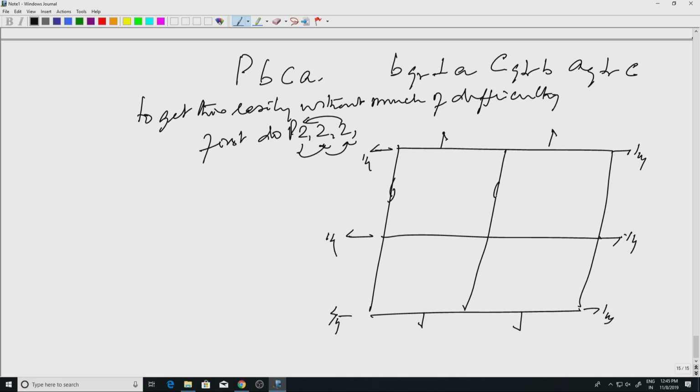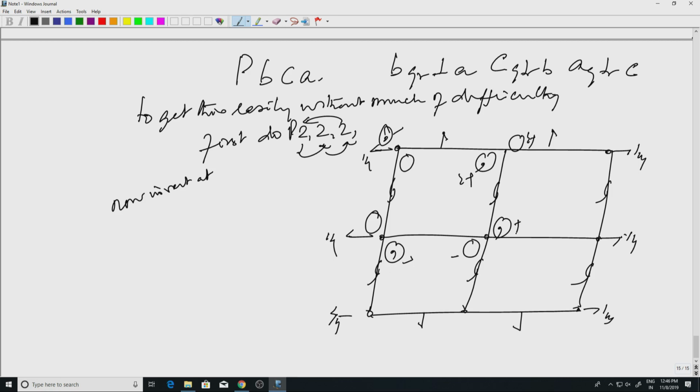This comes here. So this comes here, this comes here, this comes here. Now invert at this origin. It comes here, it comes here, comes here, half minus, it comes here, minus becomes plus.